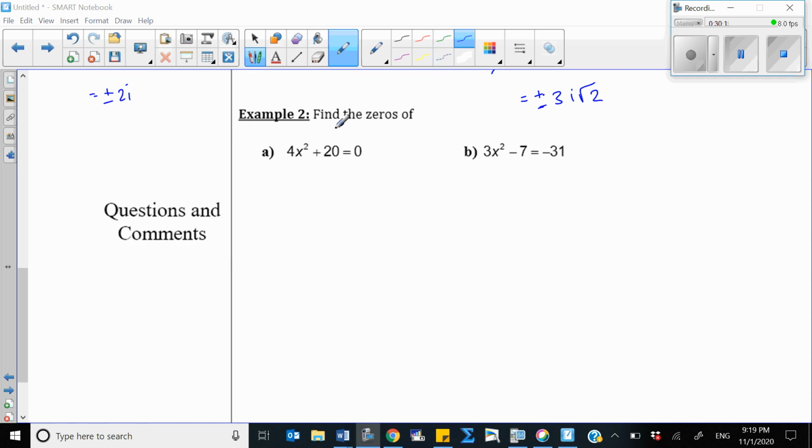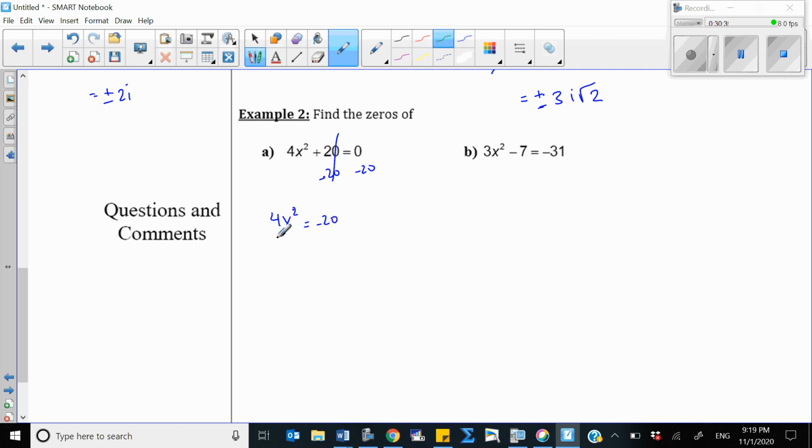Now let's practice more. We have 4x squared plus 20 equal to 0. So we want to solve for x. My goal is to have the x by itself on one side. So subtract 20 from both sides. These two cancel, and then we'll have 4x squared equal to negative 20.